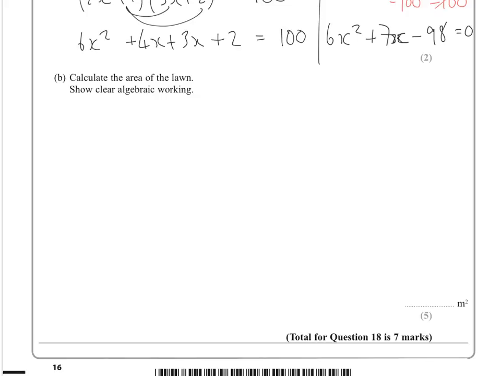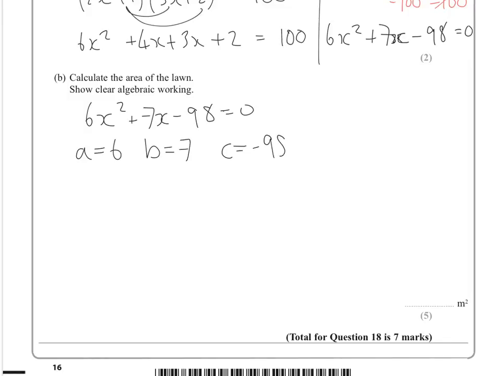Calculate the area of the lawn. Well, to calculate the area we need to solve this equation, 6x squared plus 7x minus 98 equals 0. I'd suggest use your calculators. A value 6, B value 7, C value minus 98.